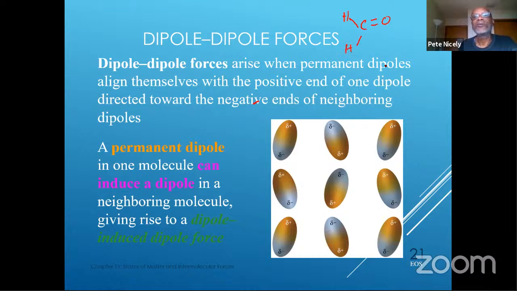So we're talking about molecules such as these, which have a permanent dipole. What you'll find is that in these molecules, they line up such that the negative end of the permanent dipole will be attracted to the positive end of another permanent dipole. And that continues throughout the whole substance. The attractive force here, of course, would be what we call the dipole-dipole forces. And what you'll find typically is that dipole-dipole forces are stronger compared to the London forces, all right?